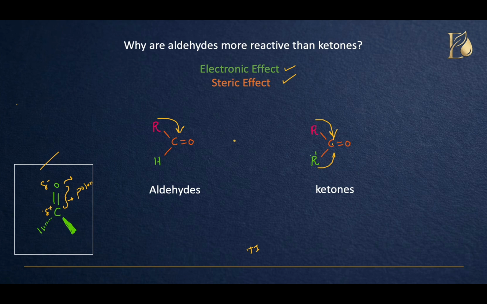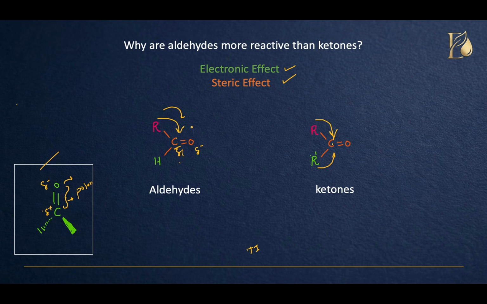When the alkyl group is donating electron density, it is reducing the electrophilicity of the carbon atom. The carbon atom is partially positive and oxygen is partially negative because of the electronegativity difference between carbon and oxygen. So while an alkyl group is donating electron density towards this positively charged carbonyl carbon, it becomes less electrophilic.